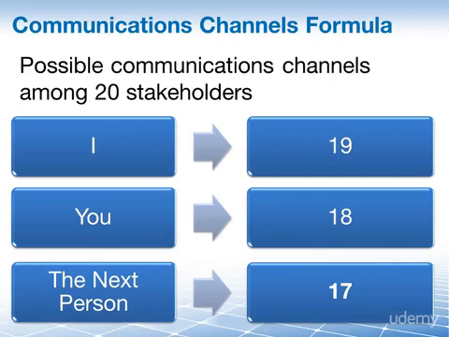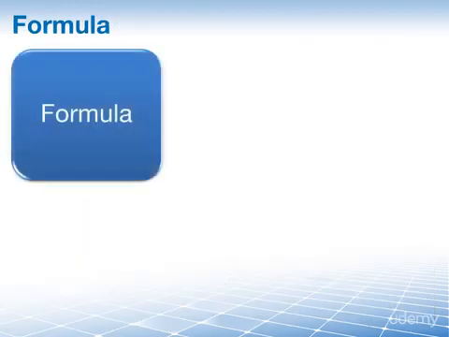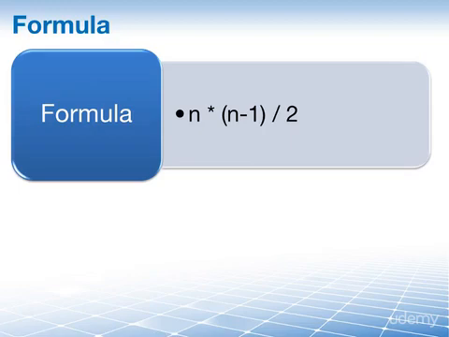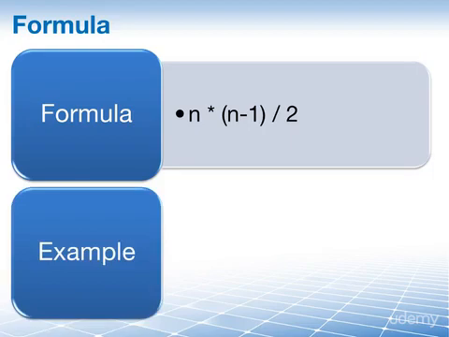And of course, then the next person after that will have 16, 15, 14, 13, etc. And if we turn all of that into a formula, then the formula reads n times (n minus 1) divided by 2. And in this formula, n stands for the number of people on the team. So in our example, that would be 20.